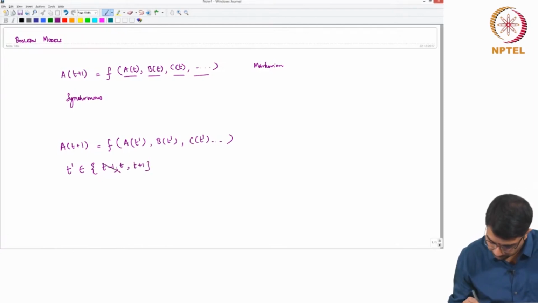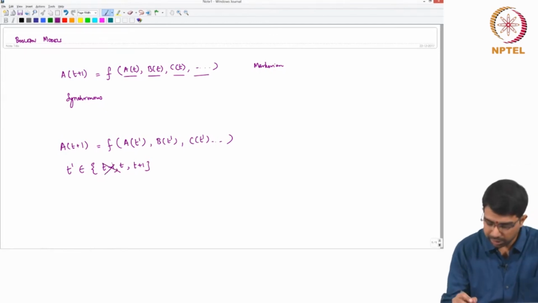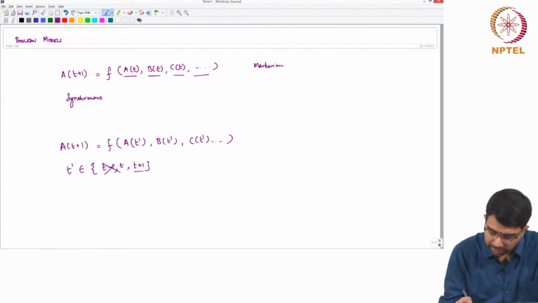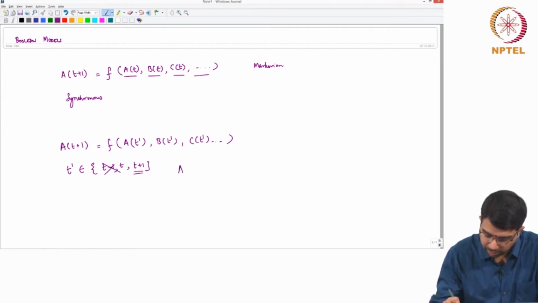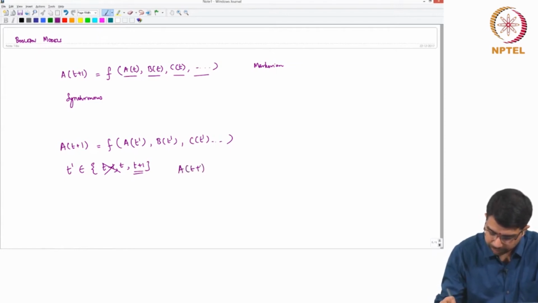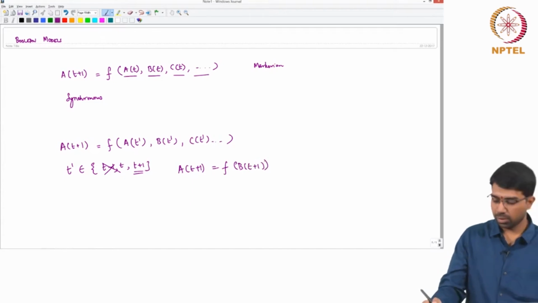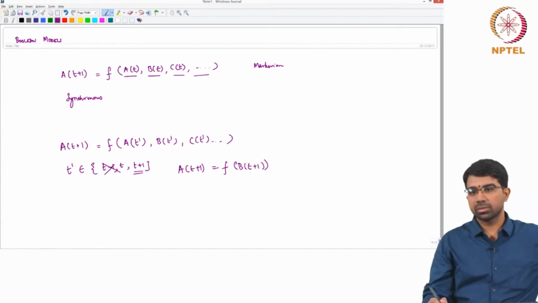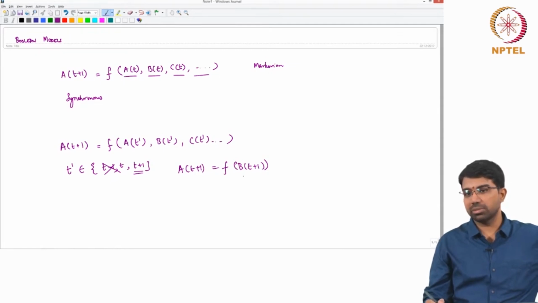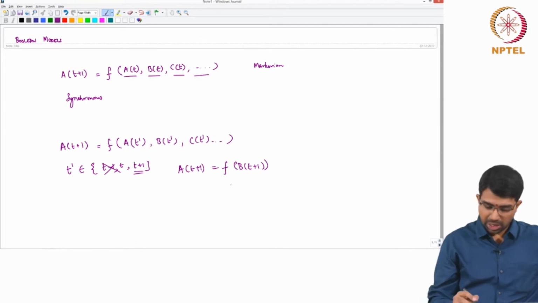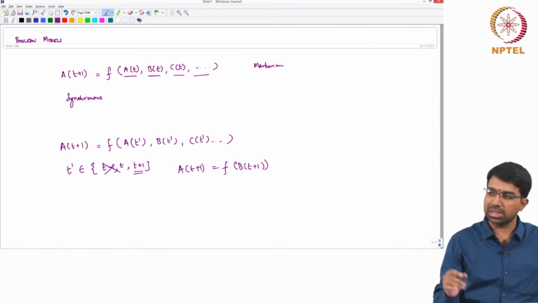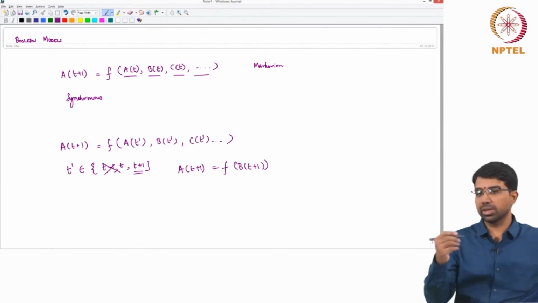Usually we only look at t or t plus 1. So what does this mean? When A of t plus 1 depends on B, the effect of the change in B is instantaneous, whereas in the synchronous case you always have one time step for anything to take effect.